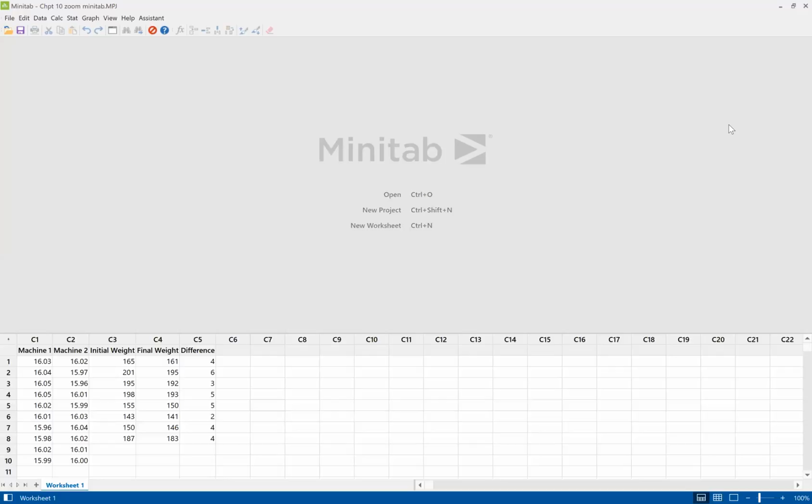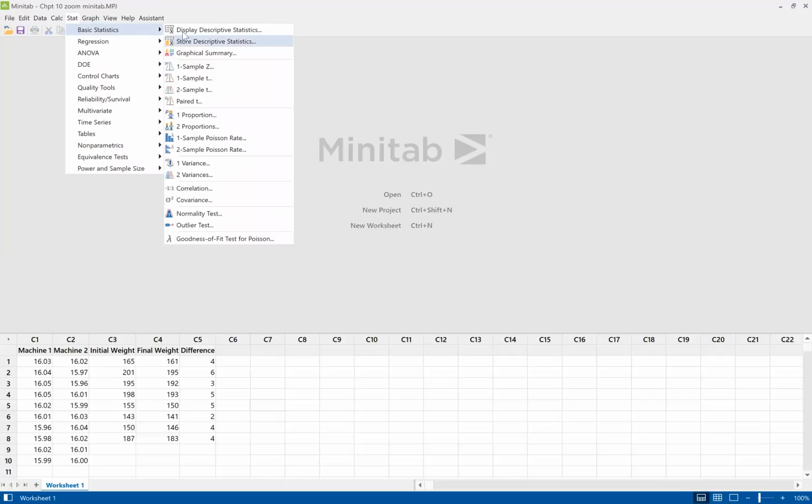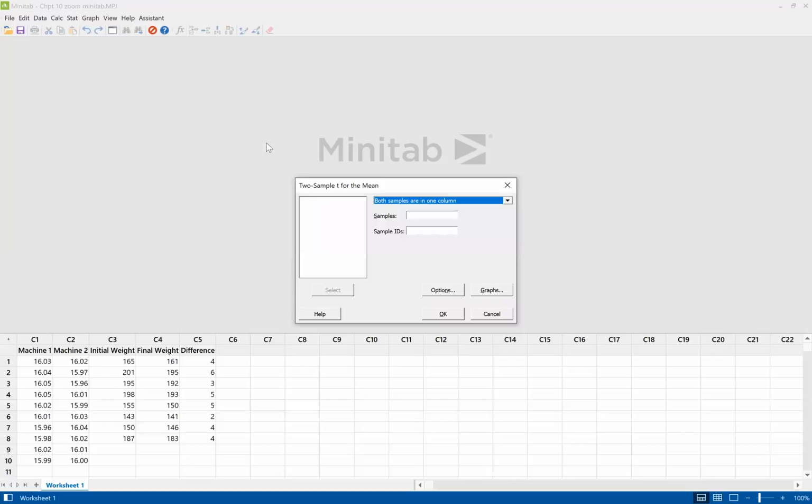And so the first question that we have, we're going to use Stat, Basic Statistics. We're doing a two sample t-test here, and the information tells us that we're comparing summarized data. And so we're asked for a sample size, a sample mean, and a standard deviation. Our sample size for our first sample was given to us as 10, and our sample mean for that first sample is 4.7.